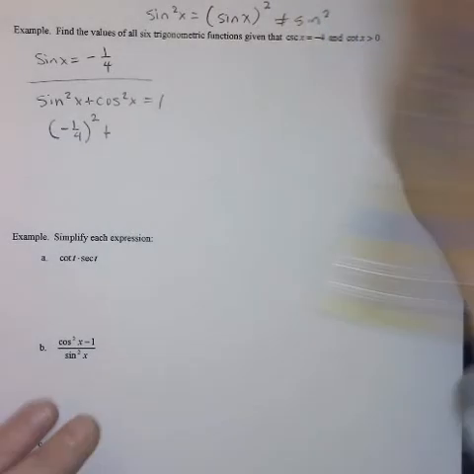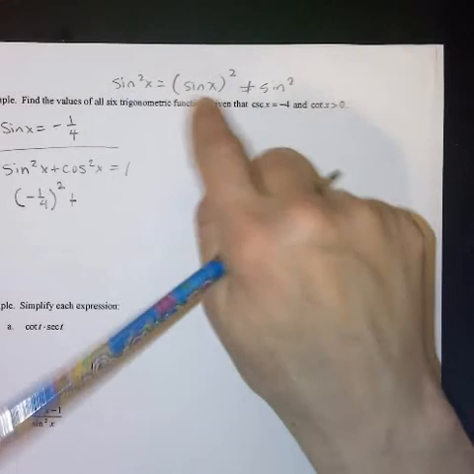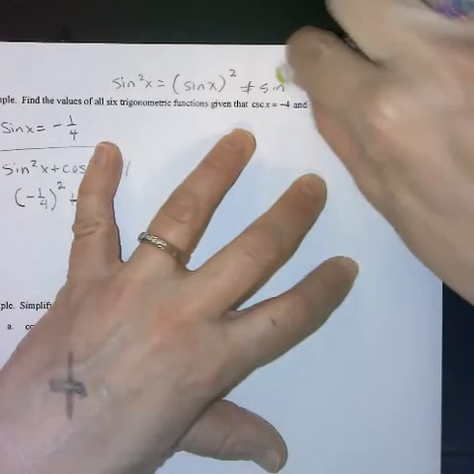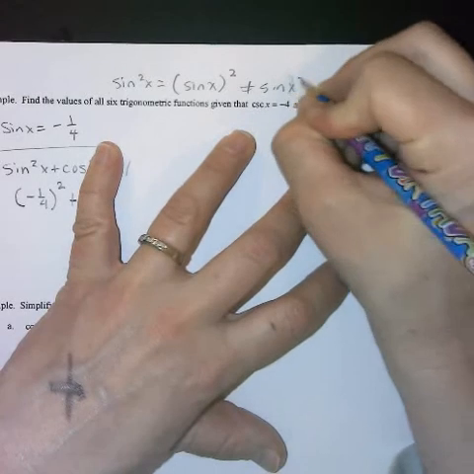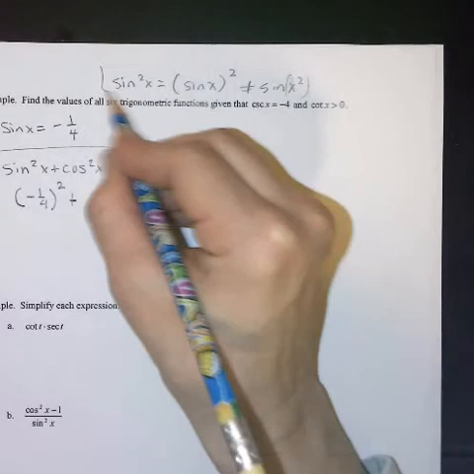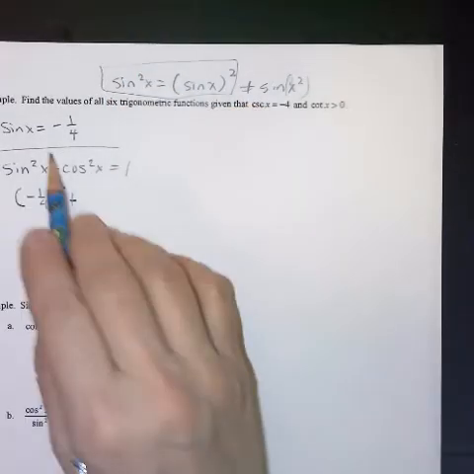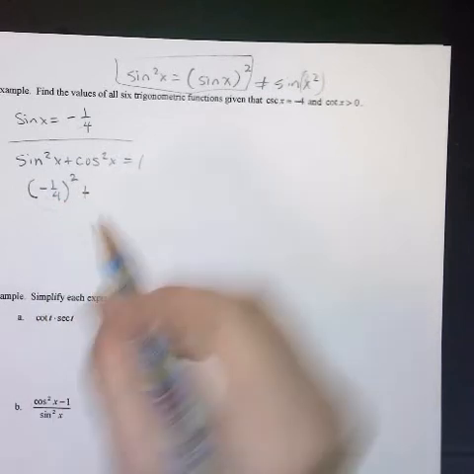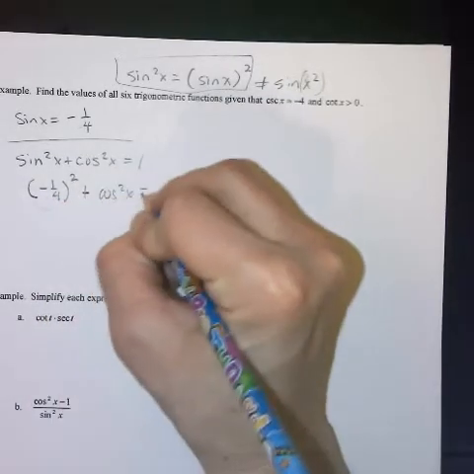Let me push this down. So sine squared x equals the sine of x squared, that result squared, not this. This would mean square x and then take the sine. So these two are equal. So sine of x is -1/4, that is the number that gets squared, plus cosine squared x equals 1.